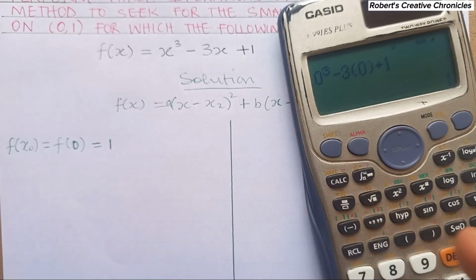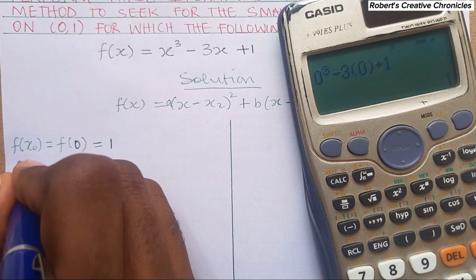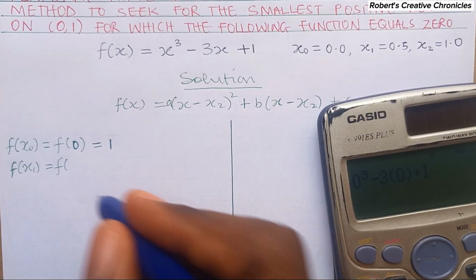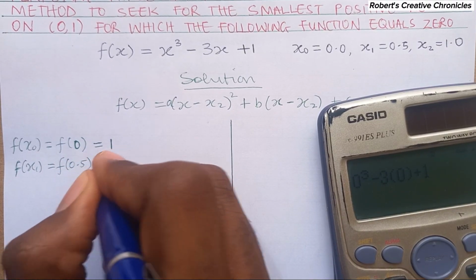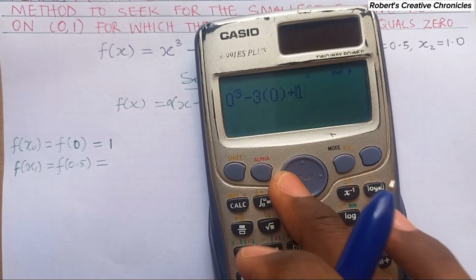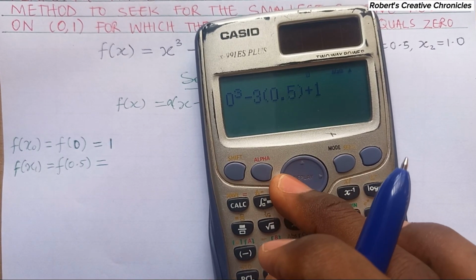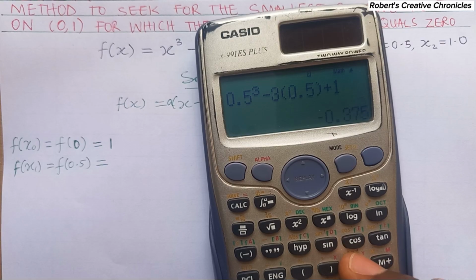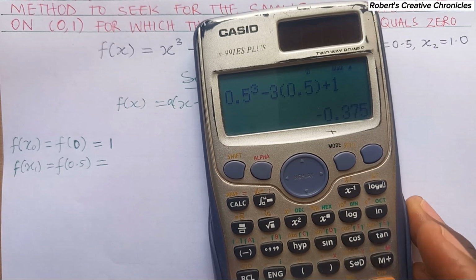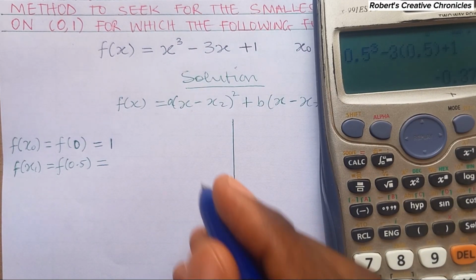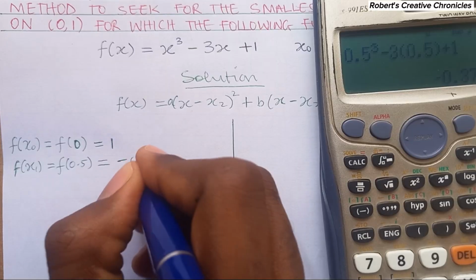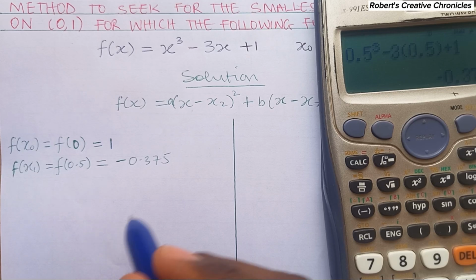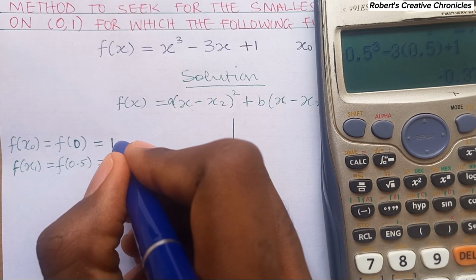Then the next one, f(x1), where x1 is 0.5. So this is negative 0.375. You can put this in 4 decimal places.